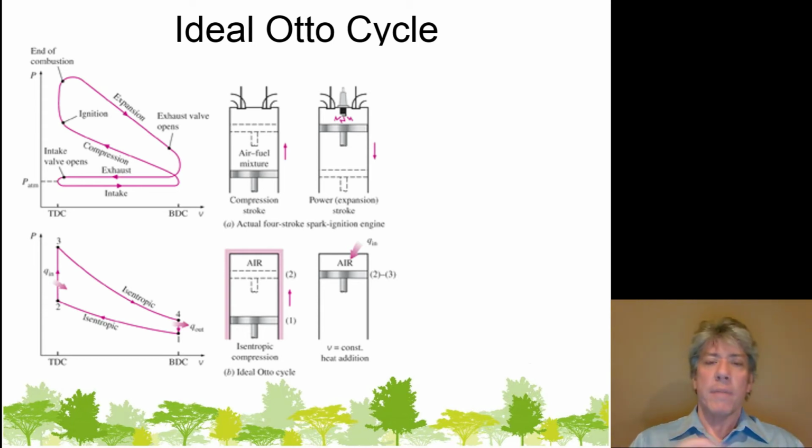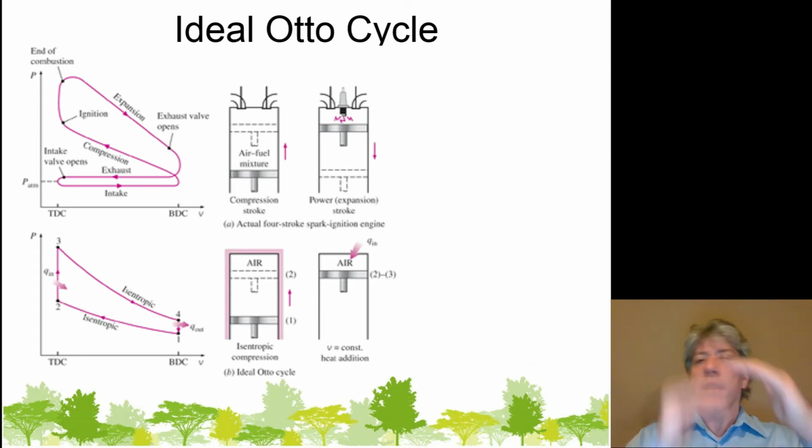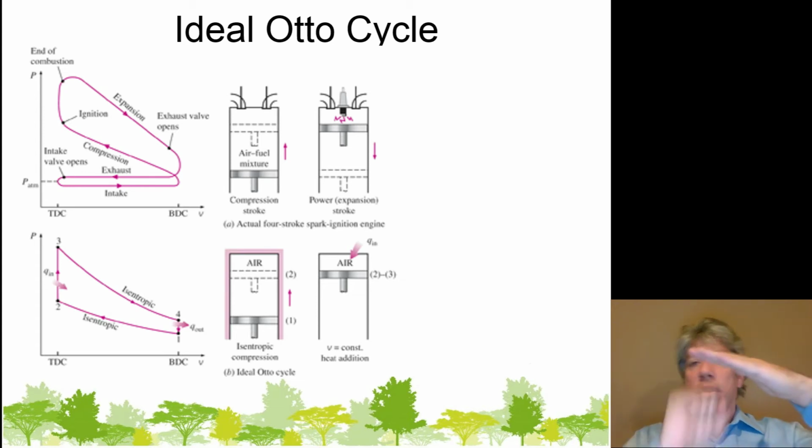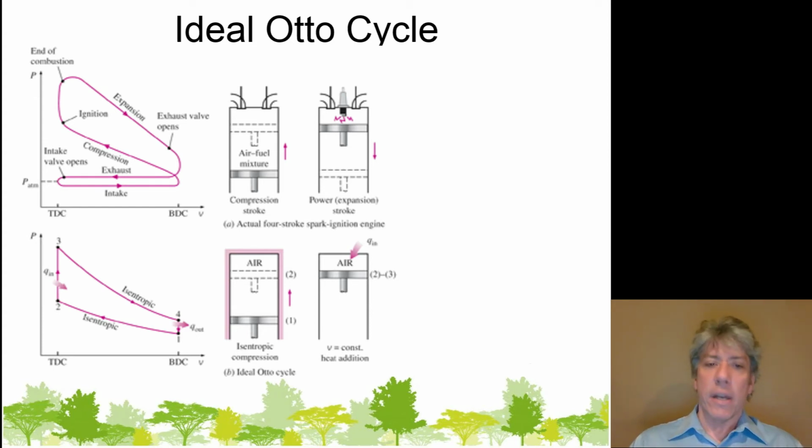And if you know anything about the kinematics of the connecting rod and piston and the crankshaft, you know that there's a lot of acceleration near the top, but there are very low velocities. And so this approximation we're going to use of just allowing the piston to sit at top dead center while heat is added to the air to represent the burning process of the gasoline, it's not that bad of an approximation.